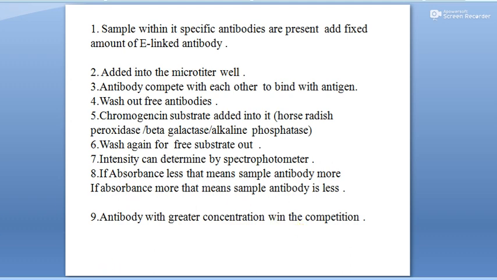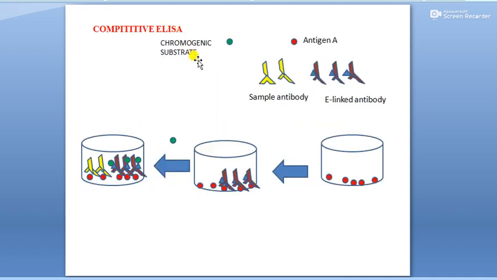Let's see a picture about this. Here you can see in this picture, the green substance is the chromogenic substrate, the red is antigen, the yellow is sample antibody, and this is the enzyme linked antibody. When a microtiter plate is used, those specific types of antigen are already attached, or you can say coated, onto the microtiter well.